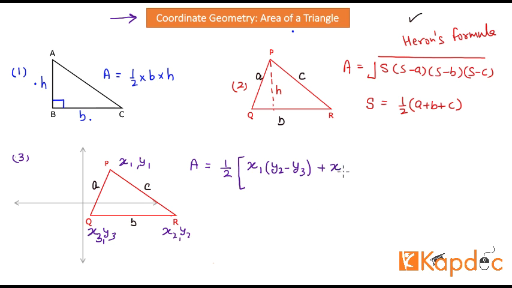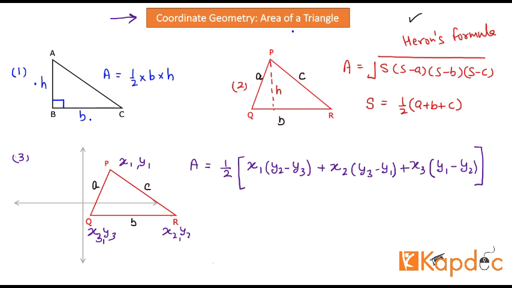Then you take the next coordinate x2 and multiply that with the difference of y coordinates of the remaining 2 vertices. Then you take the third x coordinate and multiply that with the difference of the y coordinates of the remaining 2 vertices.